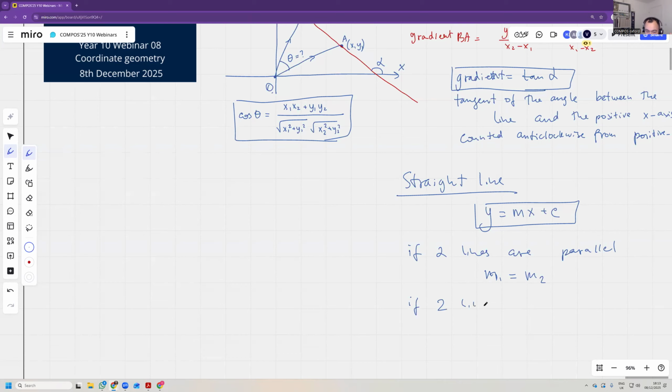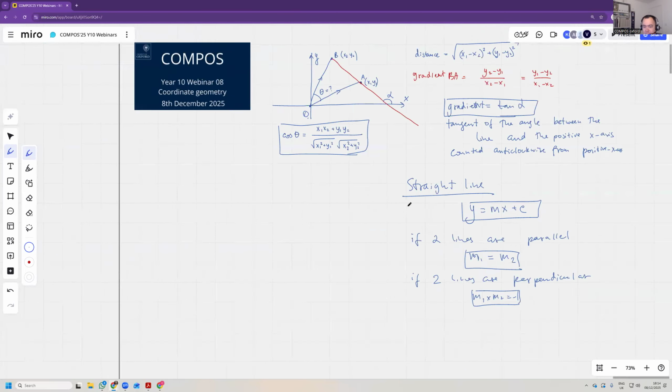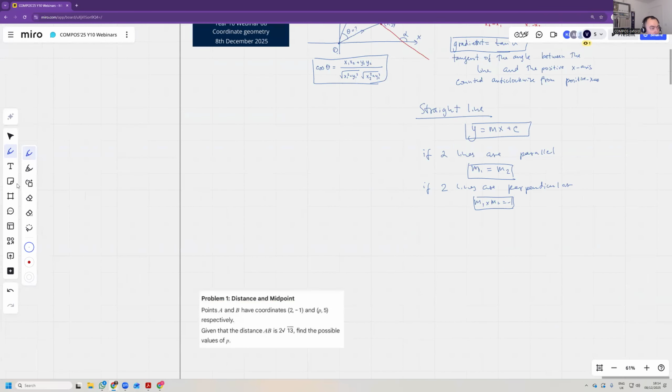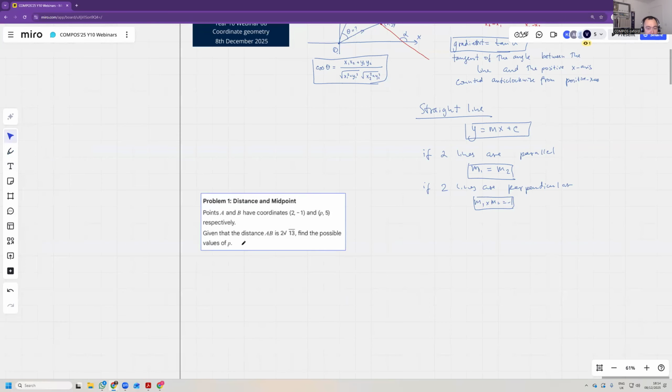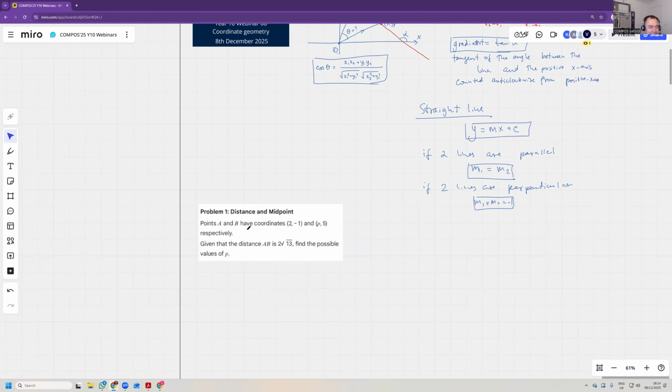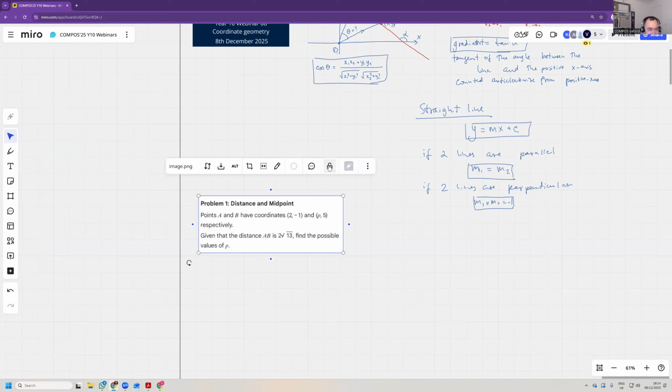If two lines are perpendicular, then m1 multiplied by m2 is -1. So these are the conditions for parallelism. I hope that makes sense. So this is a quick intro of what we're trying to do today, and let's get to some problems, because that's the interesting part, of course.